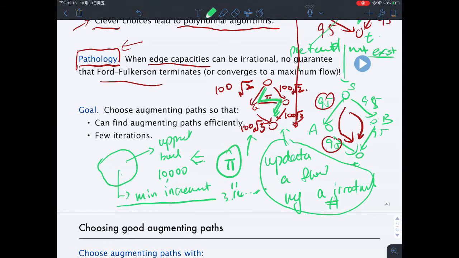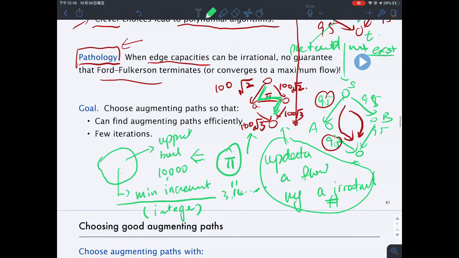So we were sort of assuming that all the edge capacities are integers. If all the edge capacities are integers, then the minimum increment will be at least 1, right?